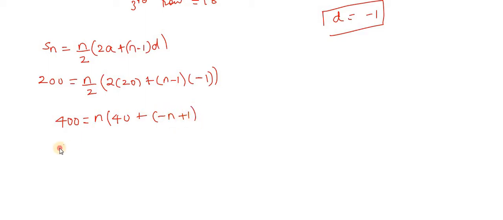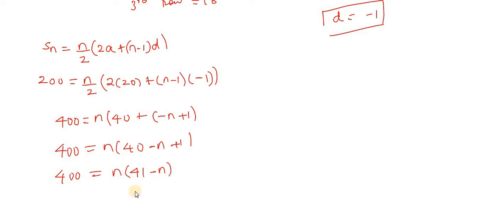Simplifying further, 400 is equal to n into 40 plus 1 is 41, minus n. So 400 is equal to 41n minus n square.